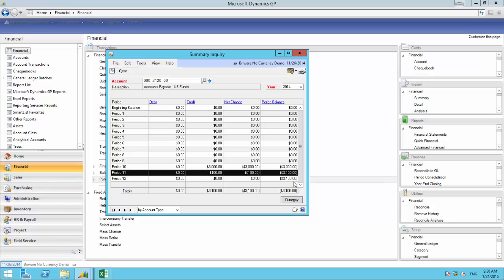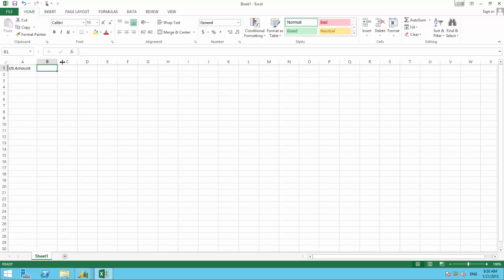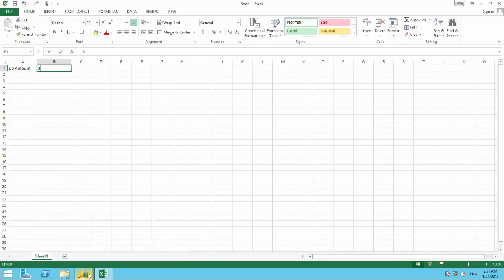Now that I know the amount is 3,100 in US dollars, I can start to calculate some exchange. My exchange rate is 1.15 today, which means overall my exchange amount should be $35.65.